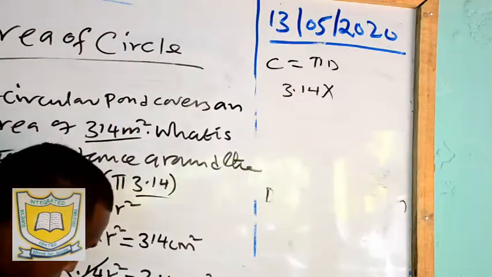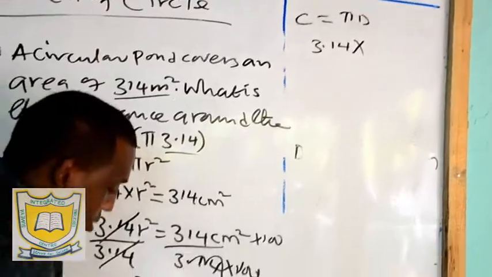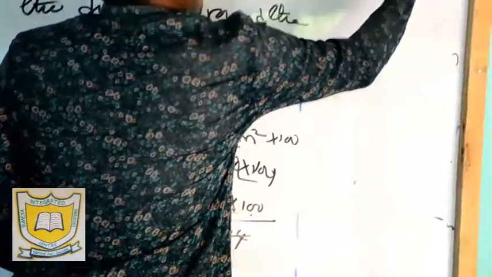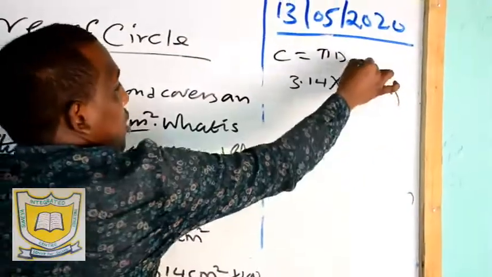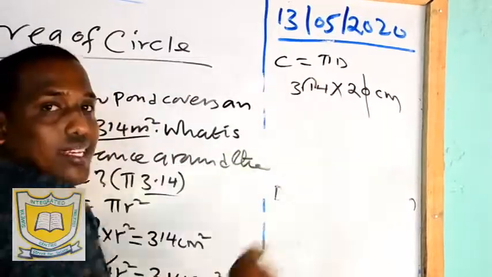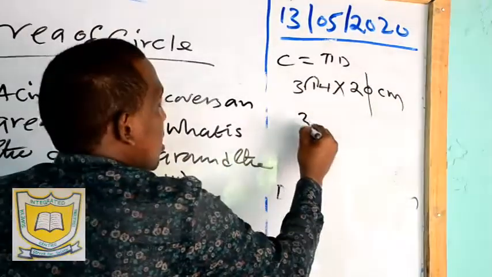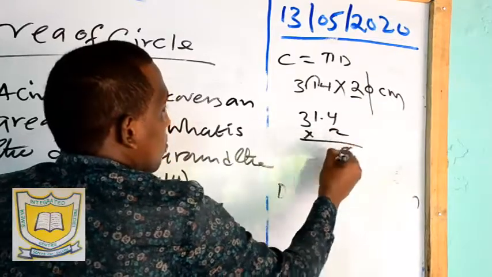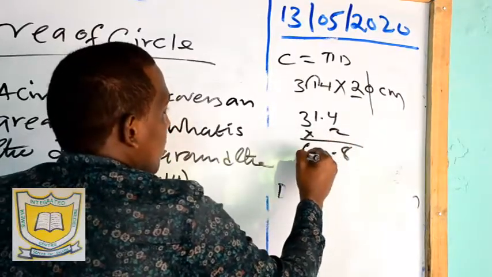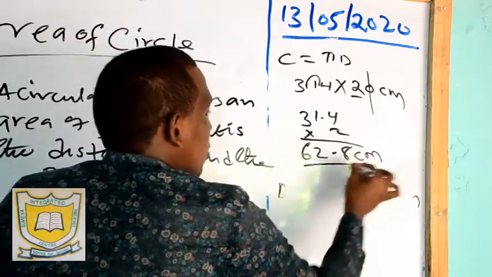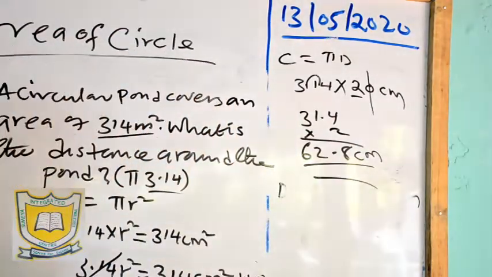Radius is 10, so diameter will be 20 centimeter. So 3.14 times 20 centimeter. Now you cancel this one. The point will move this side by one step. So you get 3.14 times 2, which gives 62.8 centimeter. That's how we get the perimeter.